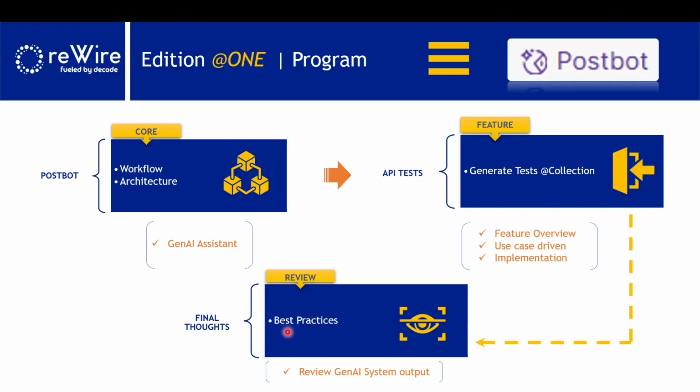We have to take care of a review part for the output generated by the GenAI assistant. It is generated by the machine, but at the end a human has to go through it, understand and review it, and decide what content is needed for the particular requirement. Only then should we publish.